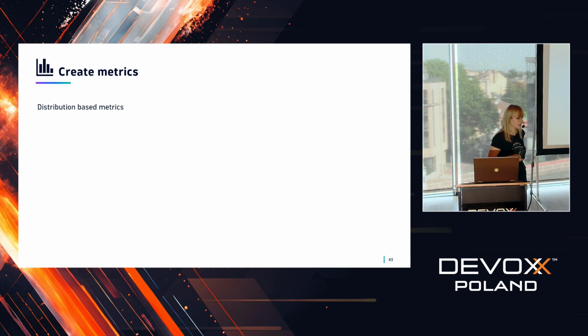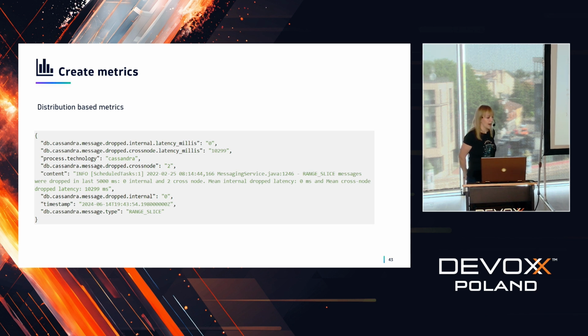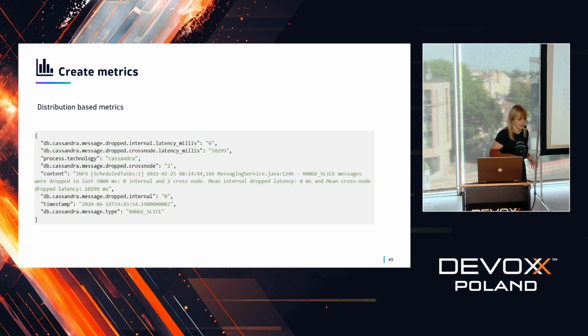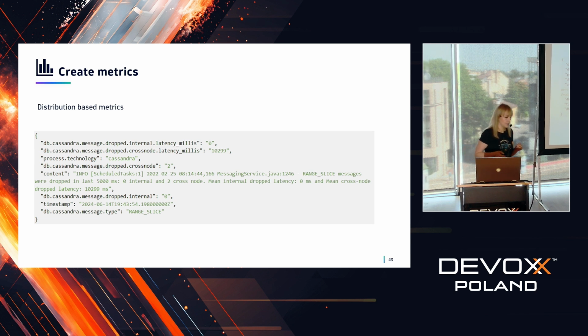The second type are distribution-based metrics. A couple of slides ago, I showed you the same Cassandra log after the processing. And now we can use those attributes that we extracted from it.